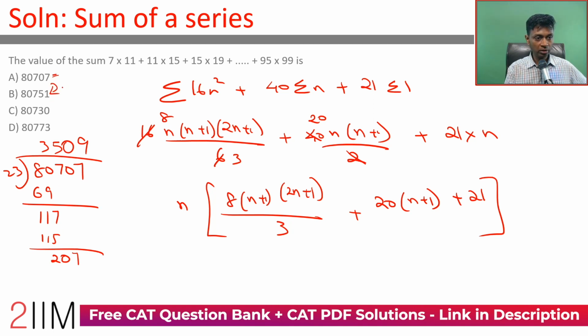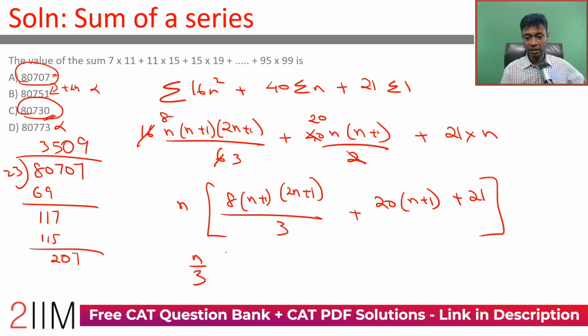This number is this plus 44. This doesn't work. 80730 is a possibility. 80773, from 7 to 73 we're adding 66. This doesn't work. It's either this or this. So we might have to substitute and simplify and find.